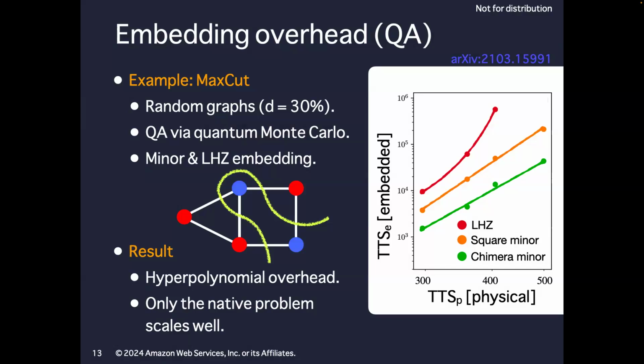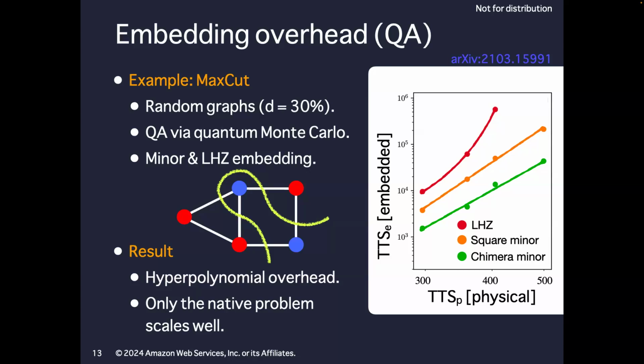And what we did is we generated random graphs, for example, with a density of 30%. We simulated quantum annealing via Monte Carlo in this particular case. And we did different embedding schemes. We used minor embedding on a Chimera lattice, also on a square lattice.